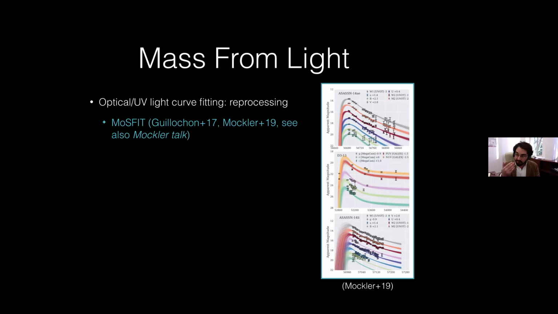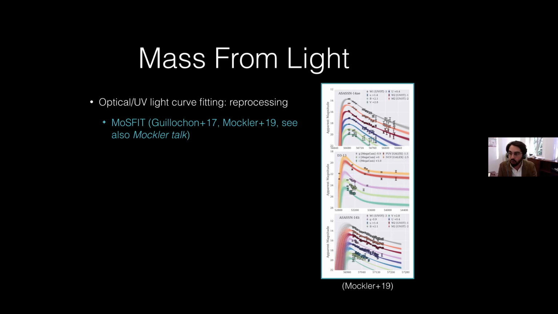For reprocessing models, the most popular and I think the most well-developed tool for converting multiband photometric light curves into black hole mass estimates is this code MOSFiT, developed and used mostly by James Guillochon, Brenna Mockler, and their collaborators.